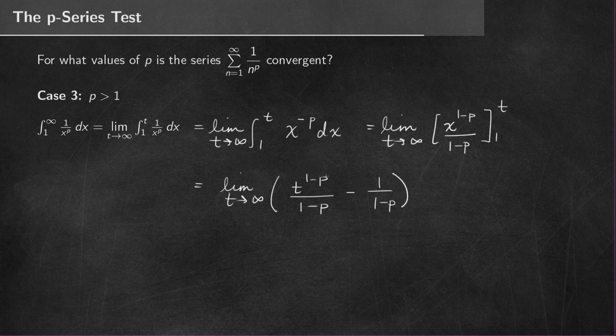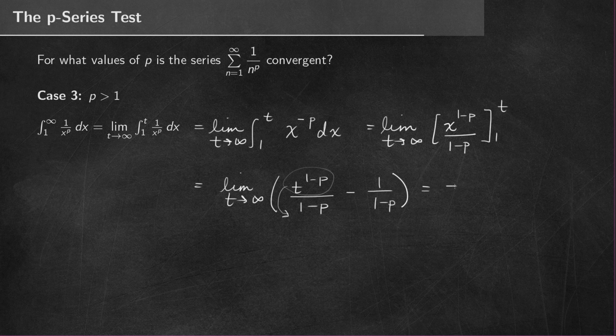Now p is greater than 1, so that means t has a negative exponent. So t is an infinitely large number, but it has a negative exponent, so it's actually infinitely large in the denominator. So we have this first term approaching 0, and then minus 1 over 1 minus p is a constant.